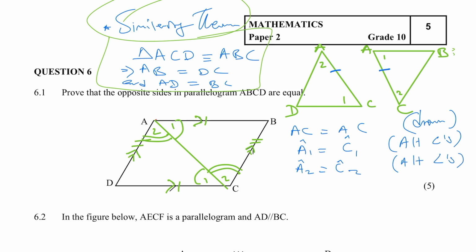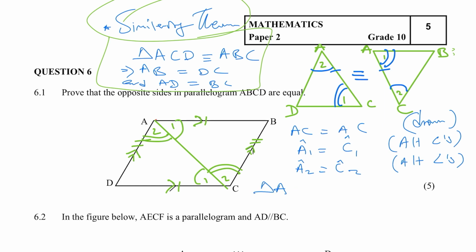So what we are coming to is that angle A2 is equal to angle C2, and angle A1 is equal to angle C1. Now, these two triangles are similar.